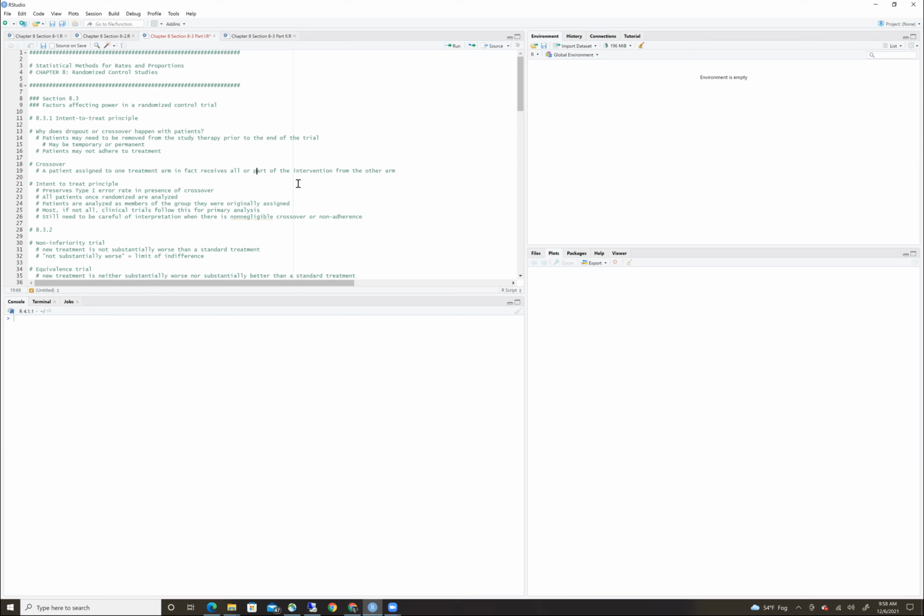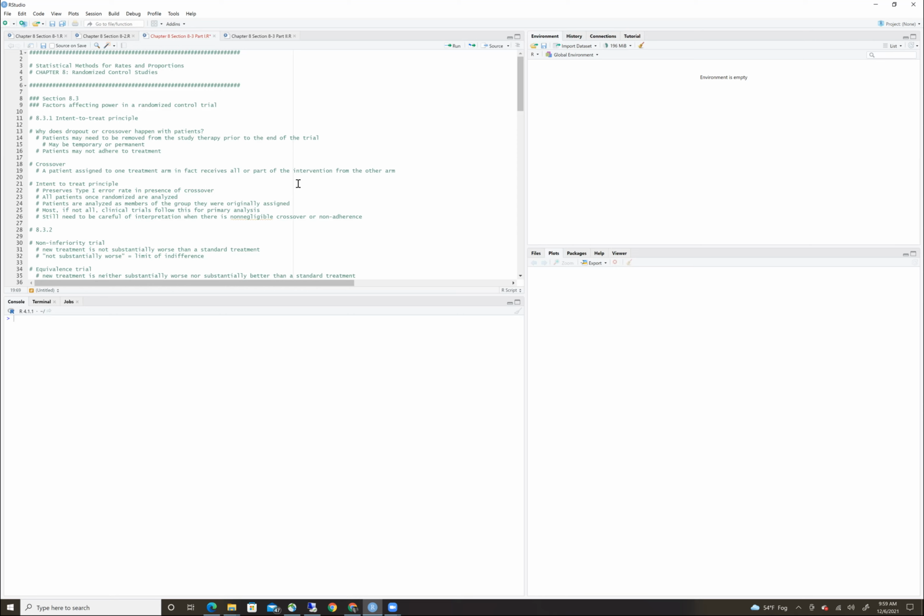Patients are analyzed as members of the groups they were originally assigned. So even if they switch treatments from treatment A to treatment B, they're still going to be analyzed as if they received treatment A. Almost all clinical trials use this intent to treat principle for primary analysis.